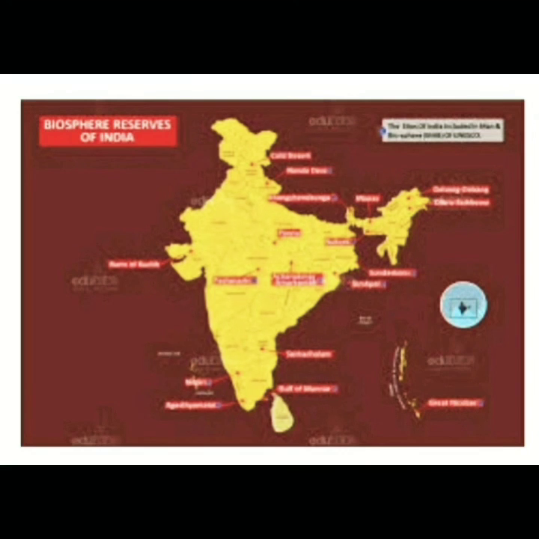Focusing on biosphere reserves, they have three zones, categorized into core, buffer, and transition. Core is the innermost, which is free from human interference, where people are not allowed to enter or affect the forest in one way or another.